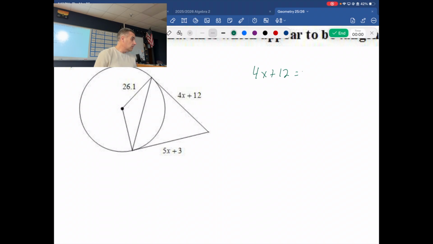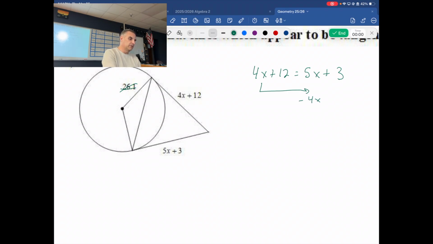Is that 26.1 relevant at all to this question? No, not at all. It's just thrown in there because they told us to assume that it's a tangent line. Don't care what that 26.1 is. It's irrelevant to me. Now I have to solve the equation. I've got to get variables on one side, so I'm going to subtract 4x from both sides.